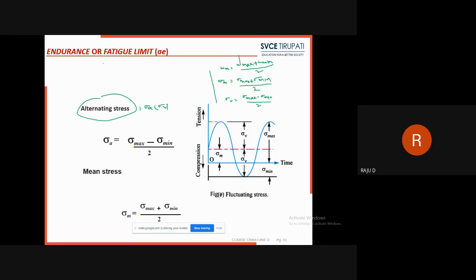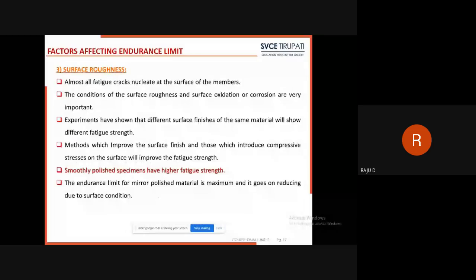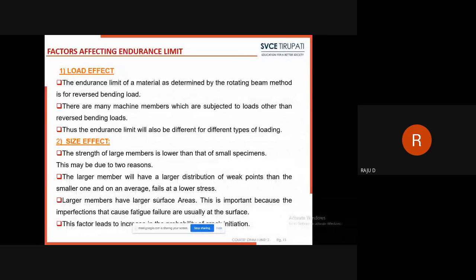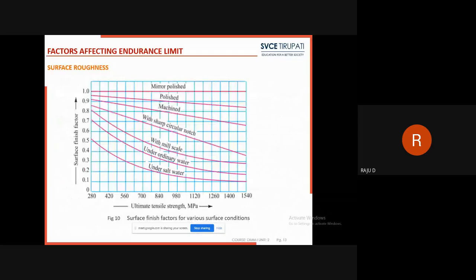see this variable or alternating stress, and mean stress value. So next, these three are very important terms: the load concentration factor is the first one, as I told in the last slide, then the surface finish factor, and next the size factor. First, the very important one is how we are going to take the value from the graph when we calculate the surface roughness value.